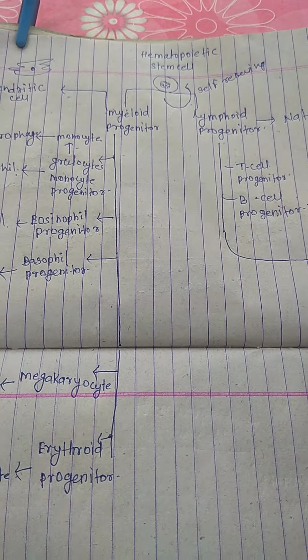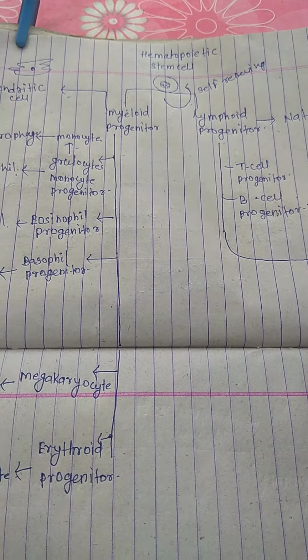After that, these myeloid progenitors can also form basophil progenitors, which form basophils. This myeloid progenitor also differentiates into megakaryocytes, which form platelets.